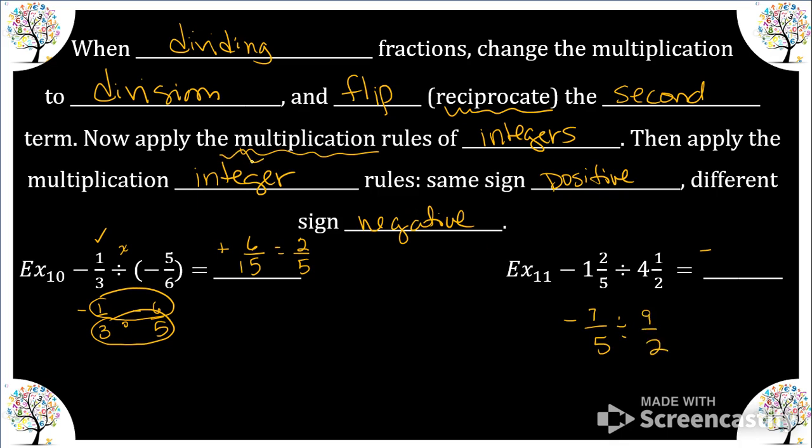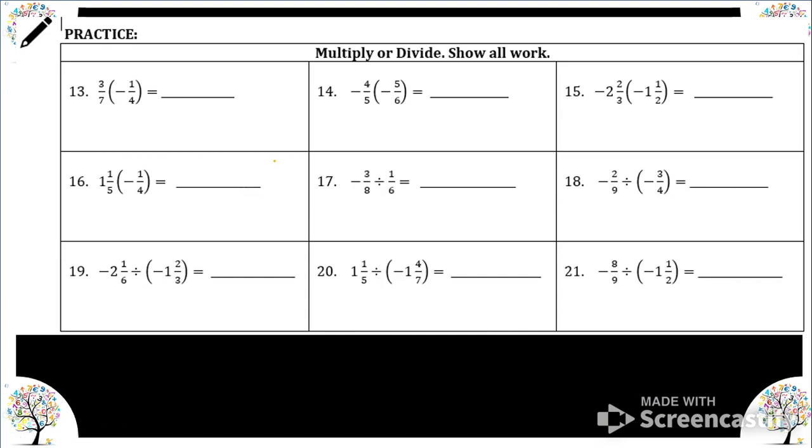Now we will apply where we keep the first term, change division to multiplication, and reciprocate the second term, and then multiply straight across to get -14/45. So keep, change, reciprocate. Dividing fractions is the same as multiplying by the reciprocal. Okay, now you pause the video and practice these problems with no calculator.